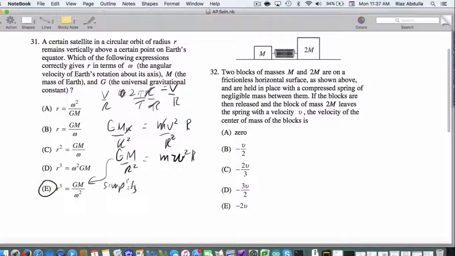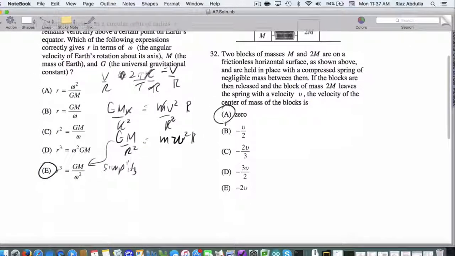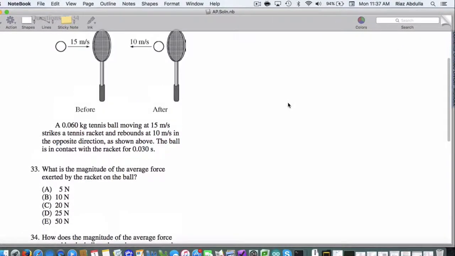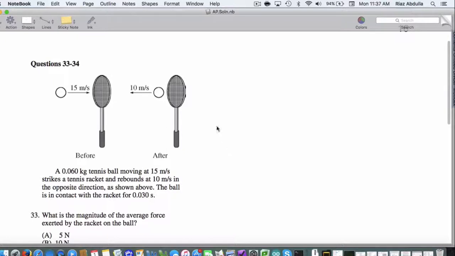All right, now here, the blocks start at rest. And just so you know, the center of mass is somewhere between the blocks, and it never moves in momentum problems, just so you know. And then for 33, let's get the force. Let's get that average force. So F equals m delta v over delta t.